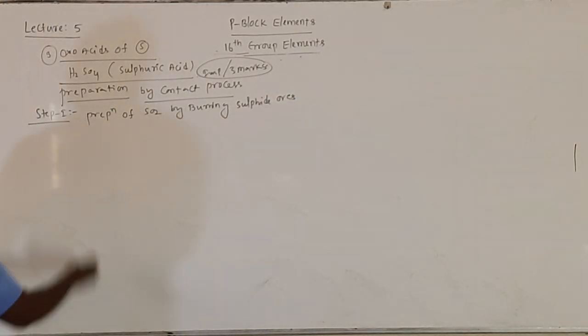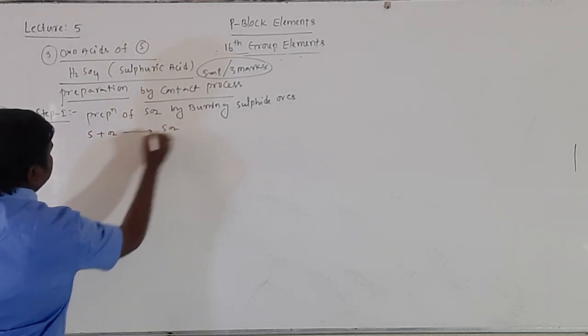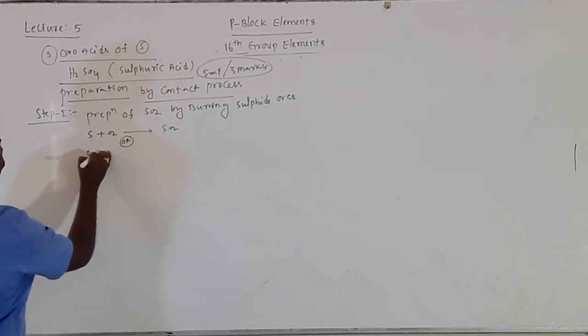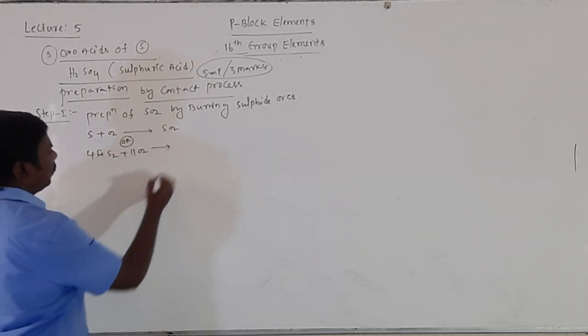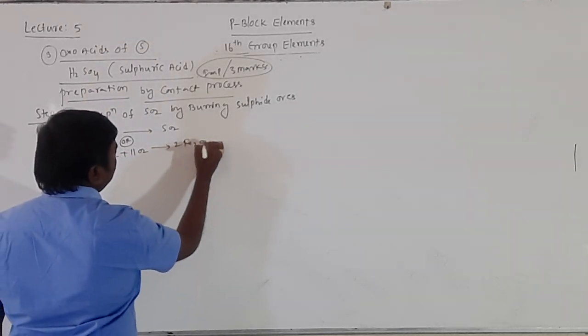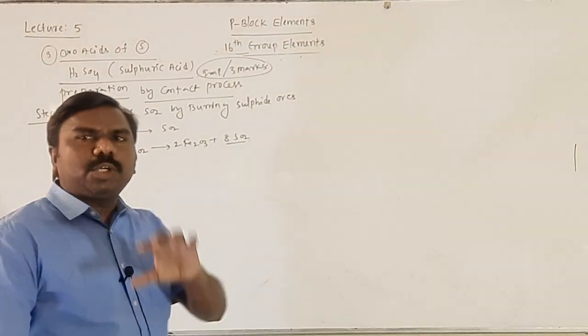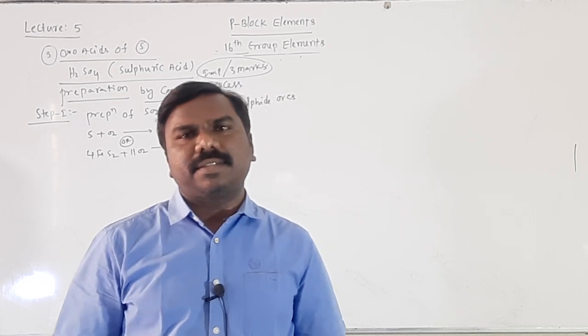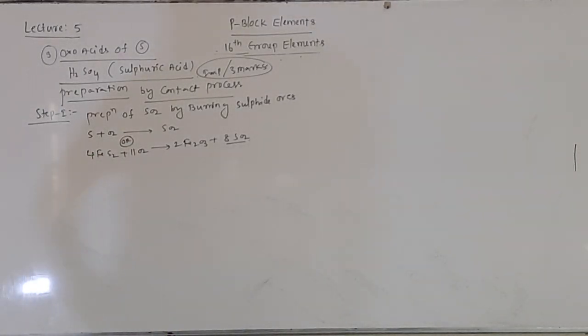It means S plus O2 gives SO2. Otherwise, 4FeS2 plus 11O2 gives 2Fe2O3 plus 8SO2. The first step is to prepare SO2 gas. Okay. Next, after that, step 2.